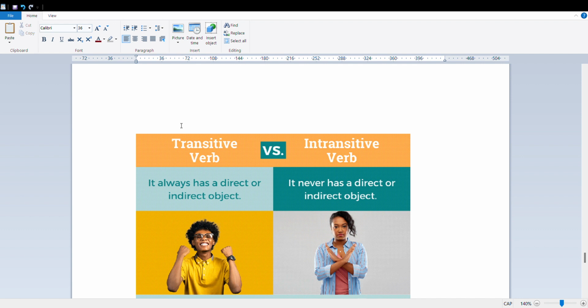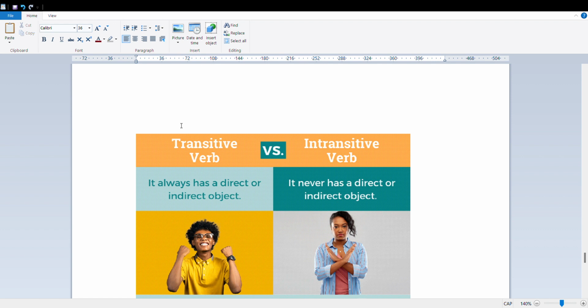A transitive verb always has a direct or indirect object. An intransitive verb never has a direct or indirect object. Remember, an intransitive verb does not have a direct or indirect object.